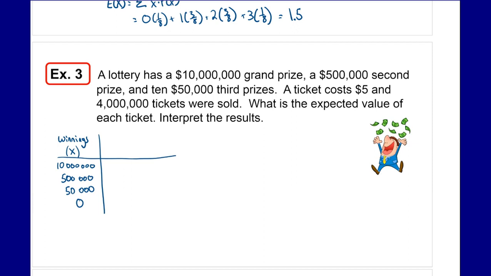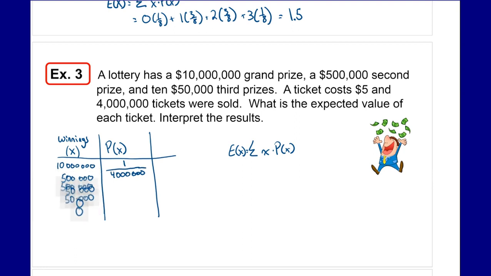Now, in order to calculate the expected value, again, remember that expected value is equal to the sum of each outcome multiplied by its probability. So we need to calculate the probability of each outcome. So in this case, for 10 million, there is one 10 million prize out of 4 million possible tickets.